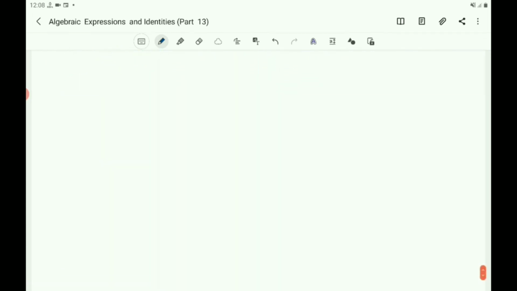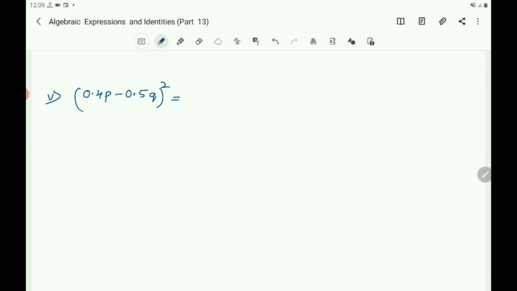Next you take the fifth one, 0.4p minus 0.5q whole square equals. This is in the form of a minus b the whole square.